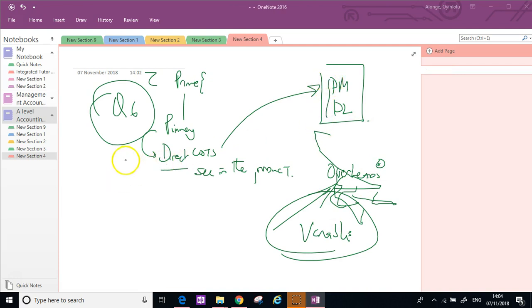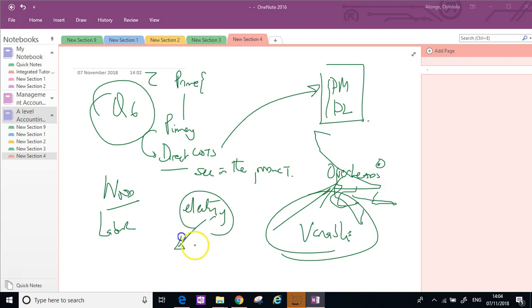So primary costs are literally, if I'm making a chair, the wood and, for example, the labor. I might have electricity tagged on to the machine, so it only works when the machines are working. In effect, it becomes a variable cost, but it's a variable overhead. So prime costs are direct costs.